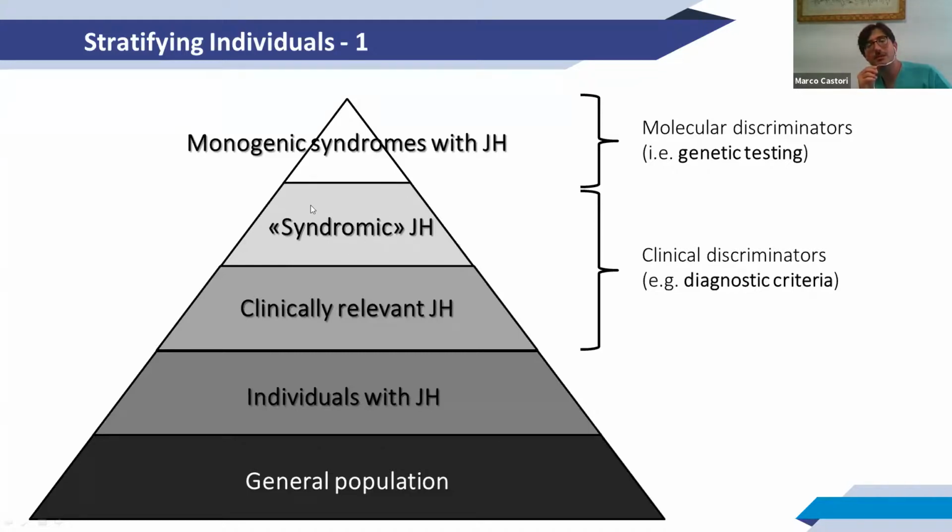When you think of the concept of syndrome in this field, you should think like a clinical geneticist rather than a general practitioner, because in clinical genetics, syndrome means pleiotropy. And molecular discriminators, in other terms genetic testing, could help you in separating individuals with hypermobile EDS and other currently unrecognizable syndromic presentations, from individuals with a recognizable syndrome that you can confirm with a genetic test.